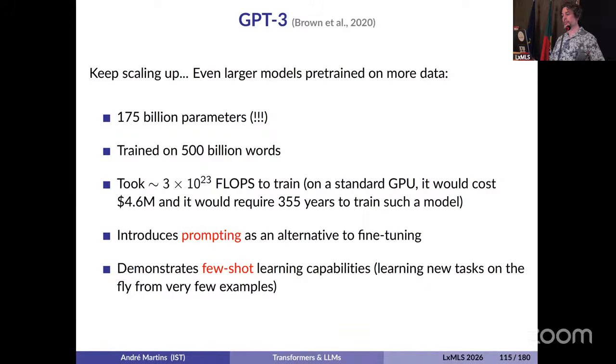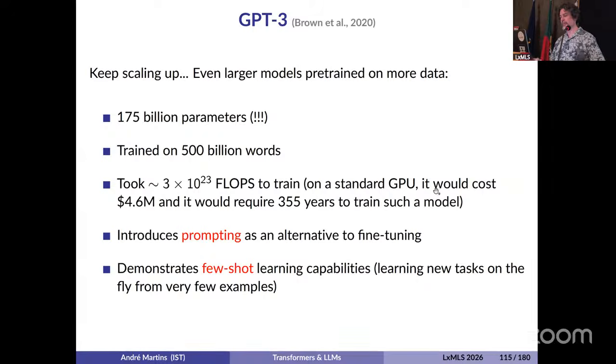The first thing to notice about GPT-3 is that it was a huge model by the standards of the time. It's still very big even by today's standards. 175 billion parameters, trained on 500 billion words. It took a lot of flops to train.